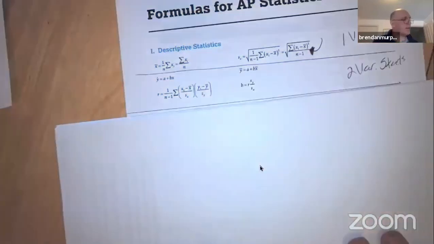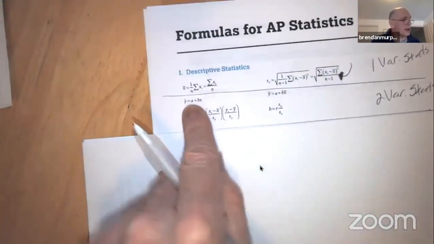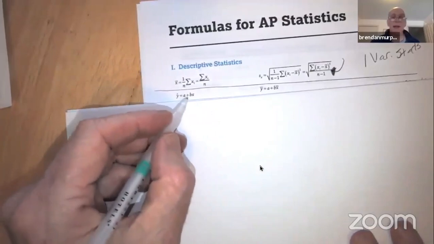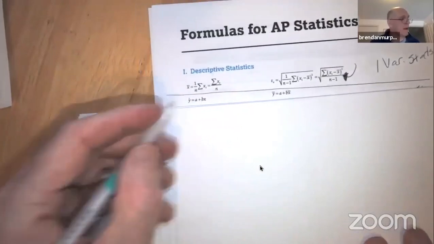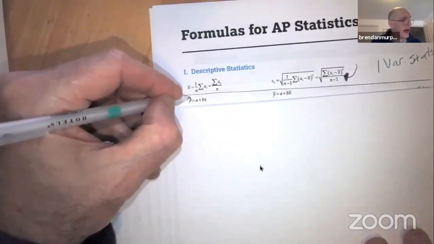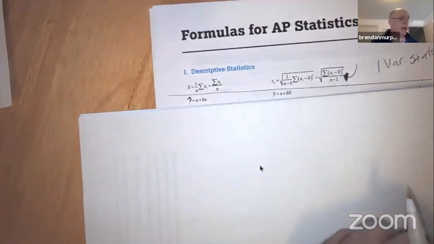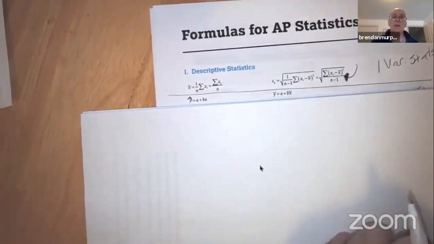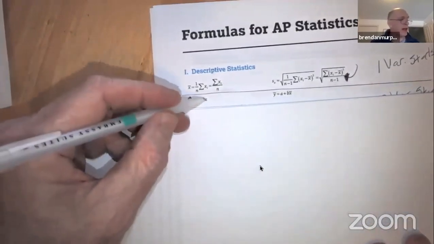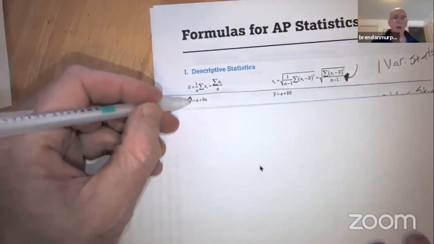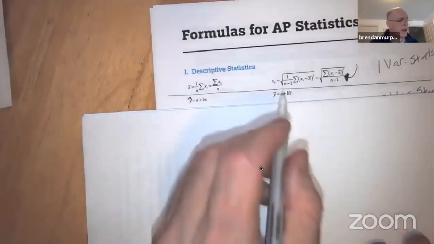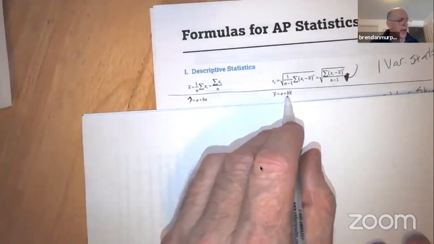I'm going to say that these are two variable statistics. So here's my least squares regression line, y hat equals a plus bx. Make sure that you do have your hat on that. That's a predicted model. That's super important. And always identify your variables, what x and what y hat mean. Y bar equals a plus b x bar.